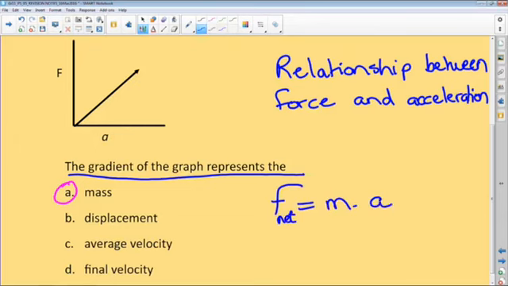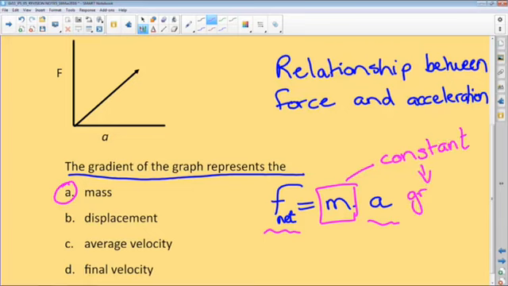If you are comparing your force and your acceleration, which is what we've got on the axes, then this must be my constant. And in a graph like this, your constant is represented by the gradient. So our gradient in this case is going to be our mass.